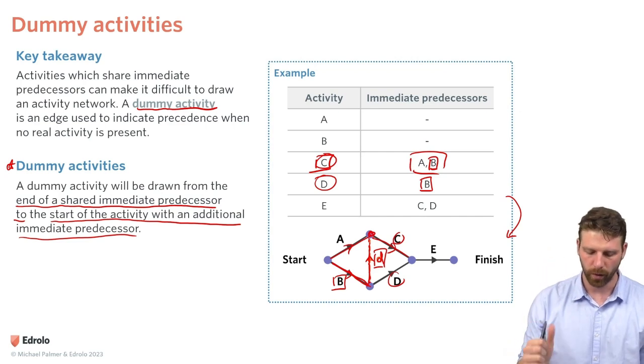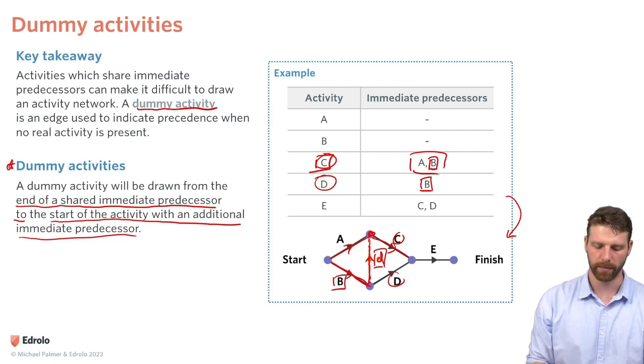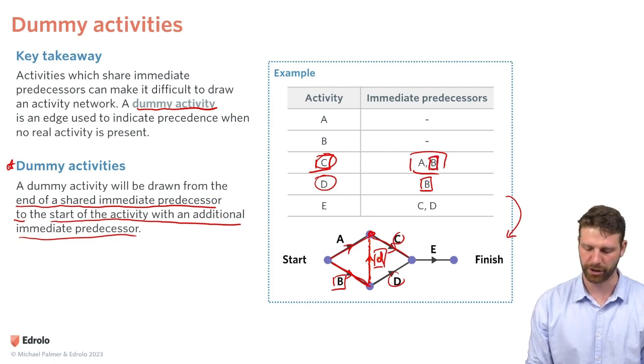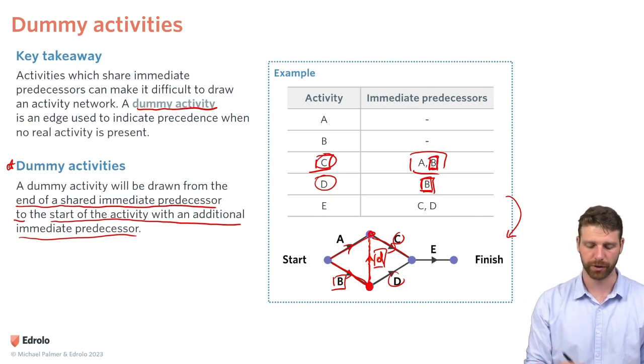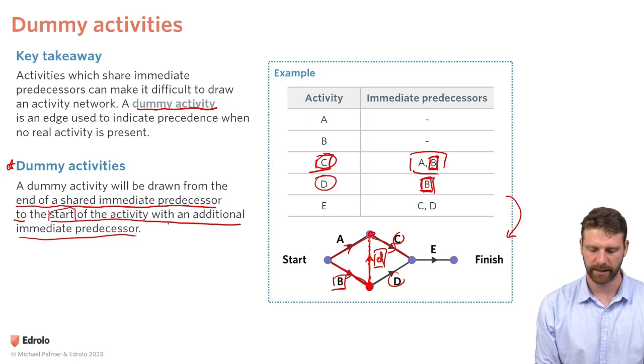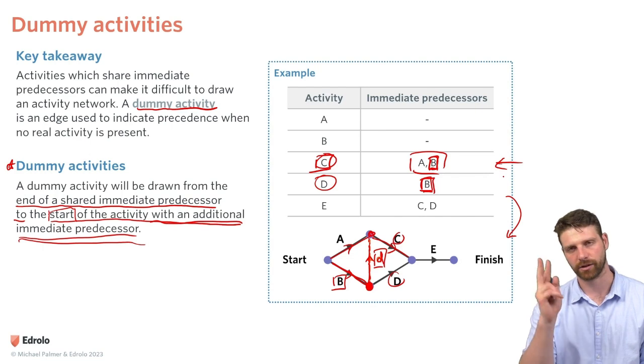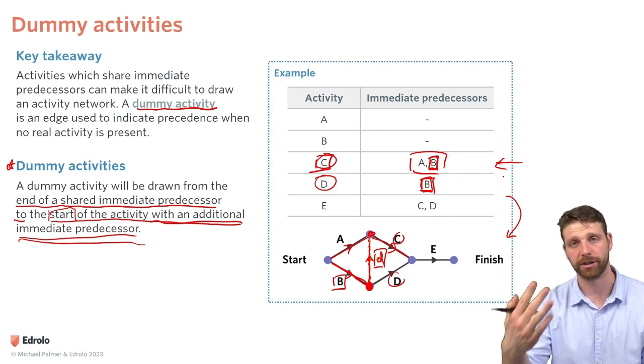Also, the dummy activity will be drawn from that immediate predecessor. So notice that the shared one here is B, and the dummy activity has started at B. It's going to point to the start of the activity with an additional immediate predecessor. So notice here that C has two immediate predecessors, so it has an additional one.